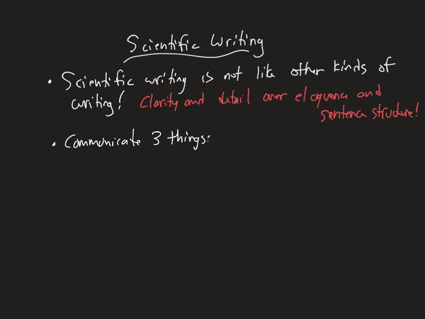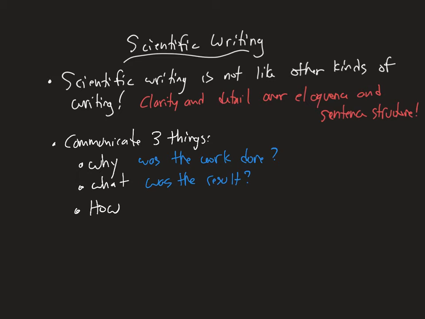So when we're writing in science, we essentially want to communicate three basic things, usually summarized as why, what, and how. In a little bit more detail, why was the work done? What was the result? And how was it done? So this is generally the pattern or the content you want for every scientific piece of writing, whether it's something for a peer-reviewed journal or something for this class.